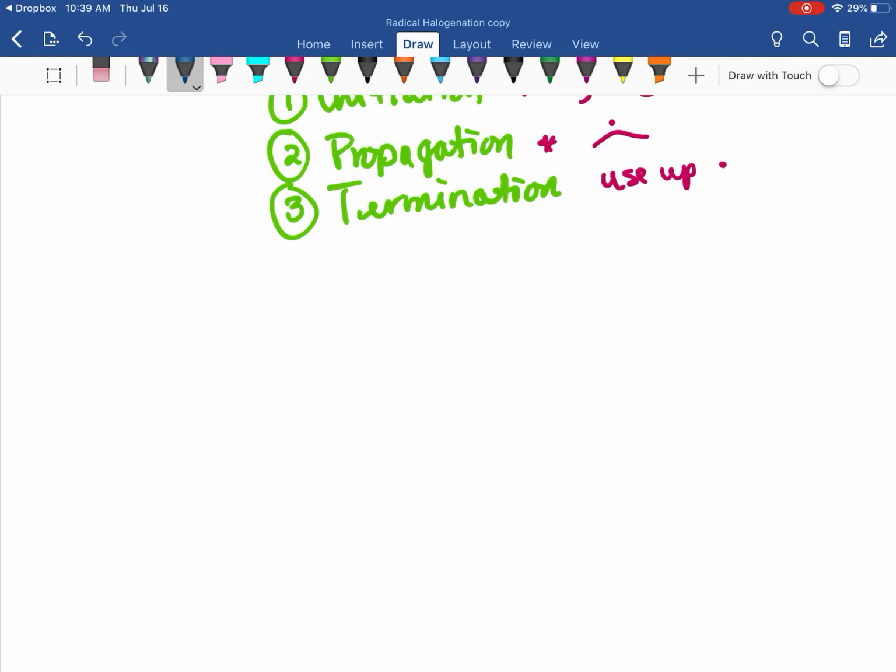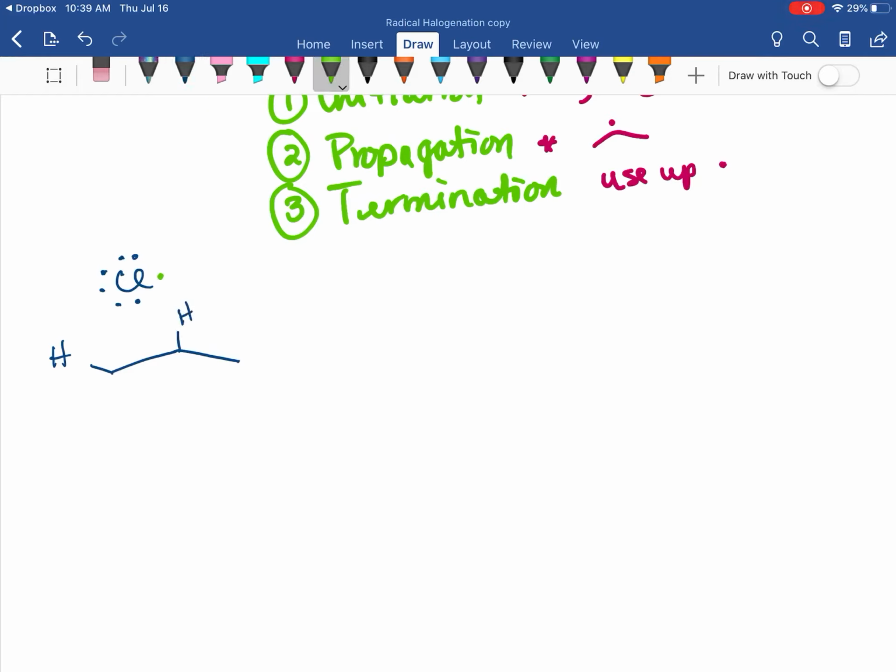Okay, so now if you've noticed, wait a second, we made 2 products. What's the difference? All right, in the middle of that mechanism, when we had our chlorine radicals, we just kind of chose this hydrogen.